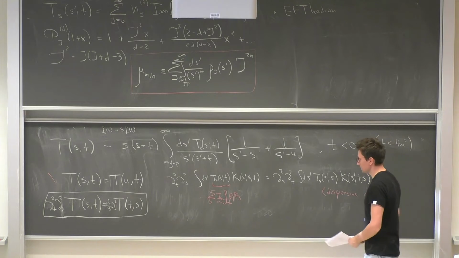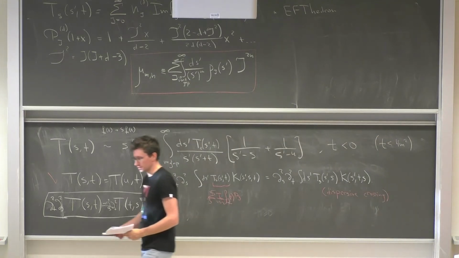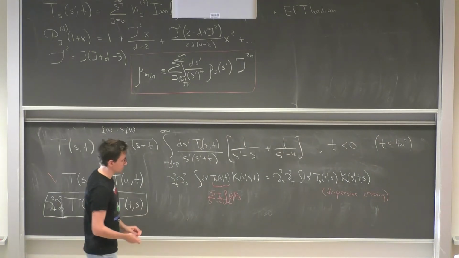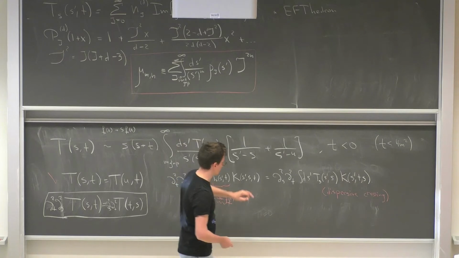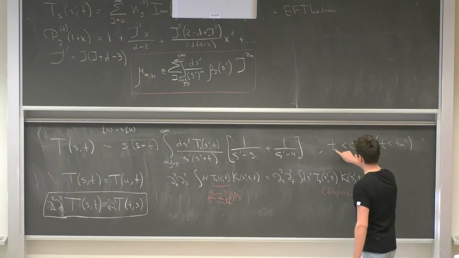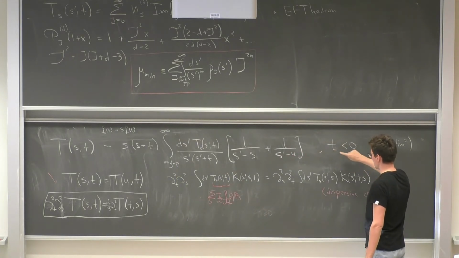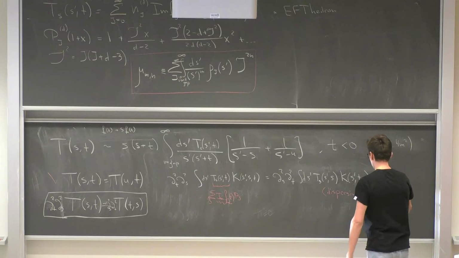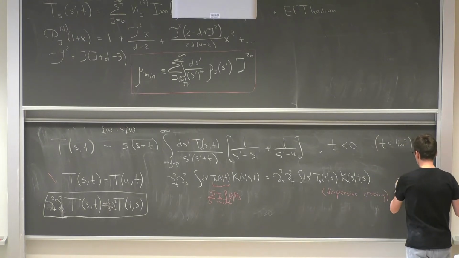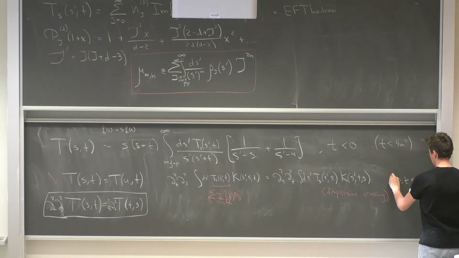And this is a completely general fact, because we use it in one channel for t negative, so when we swap the channel, it will be s negative. So this dispersive crossing is valid for t negative.